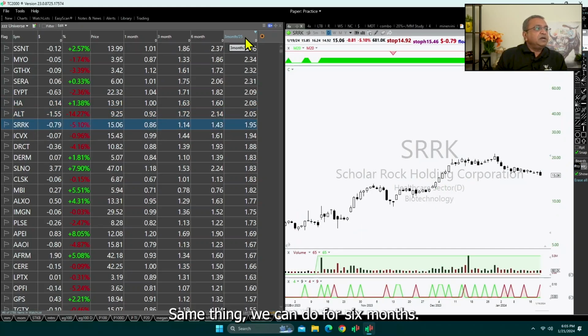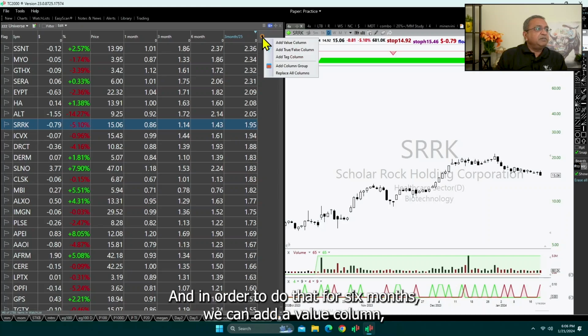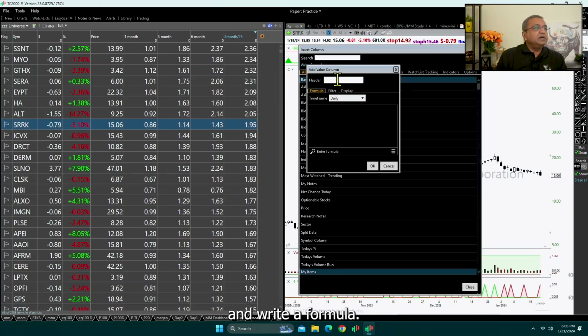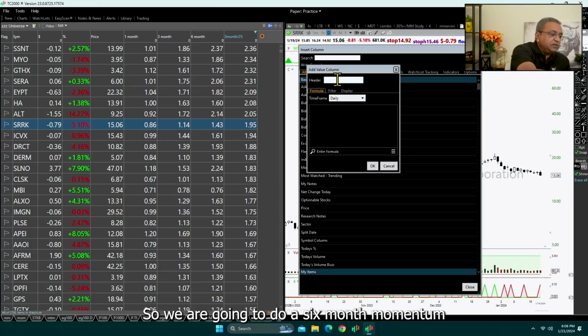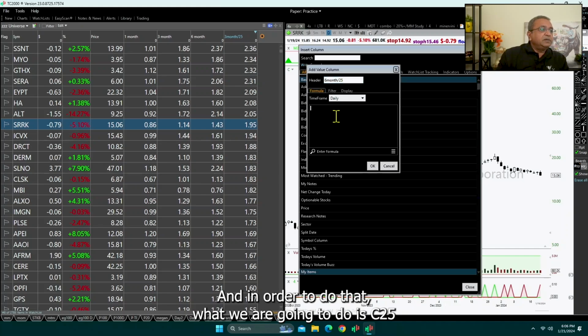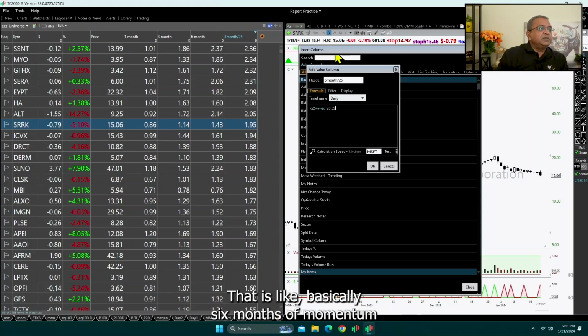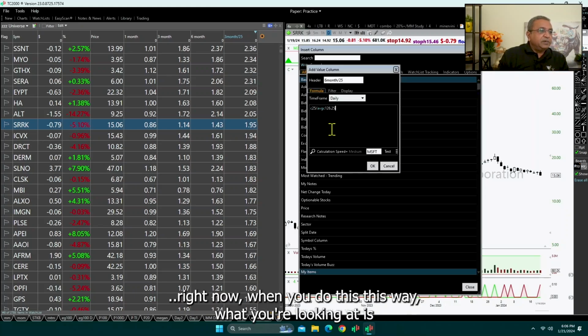Same thing we can do for 6 months. In order to do that for 6 months, we can add a value column and write the formula. So we are going to do a 6 months momentum offset by 25 days, and in order to do that, what we are going to do is C25 divided by average C 126.25, which is basically 6 months of momentum, right?